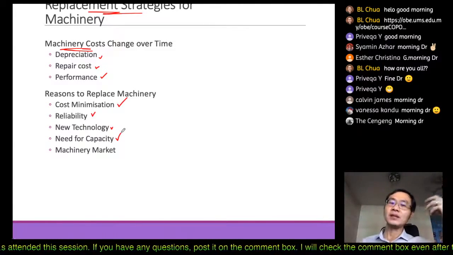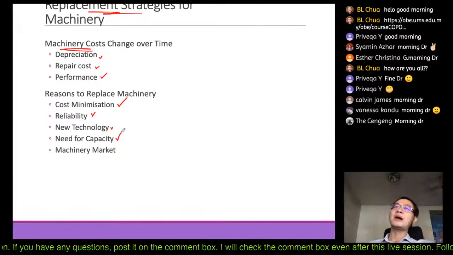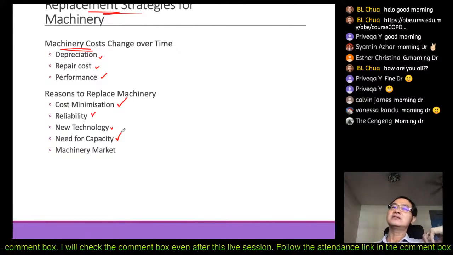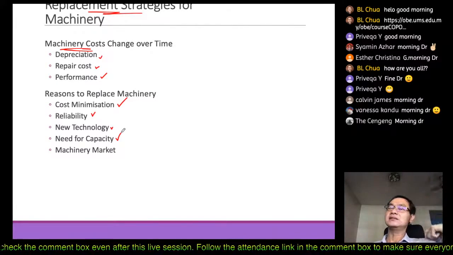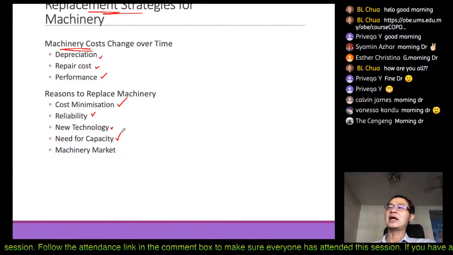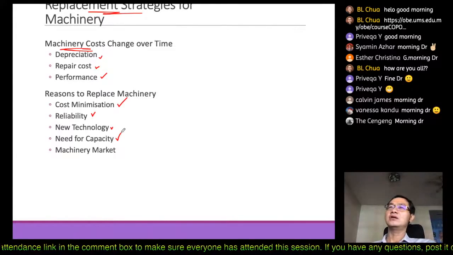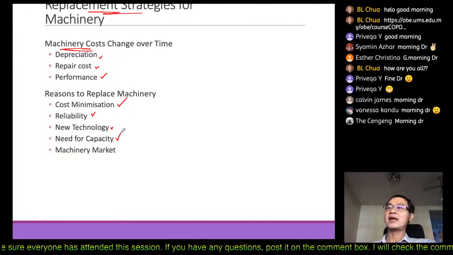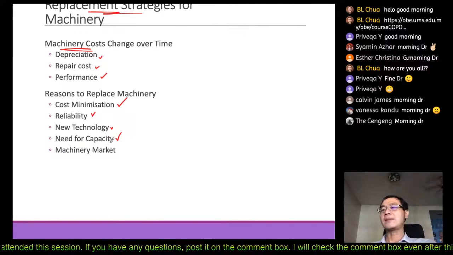Maybe previously you needed to pump 1,000 gallons per second of oil or liquid, now the capacity increased to 1.2 kilogallons per second.